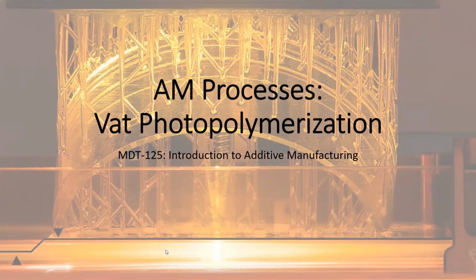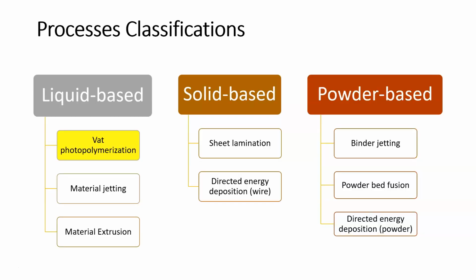So we're going to start off with this lecture talking about the Vat Photopolymerization class of 3D printing or additive manufacturing. Vat photopolymerization is a liquid-based process. Okay, so you can see in this diagram that there are three broad categories of additive manufacturing. We have liquid-based, solid-based, and powder-based processes.